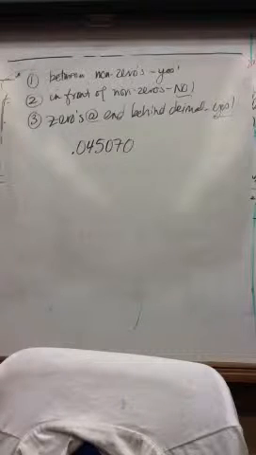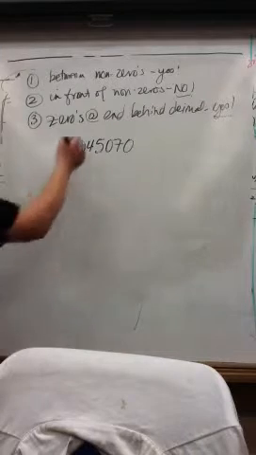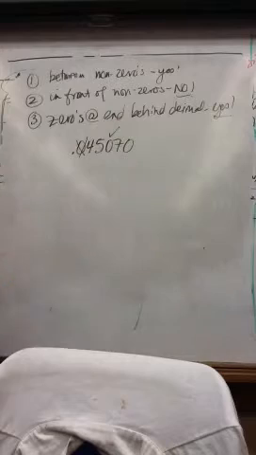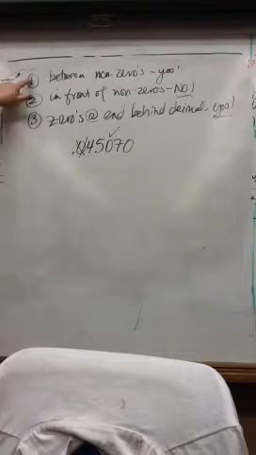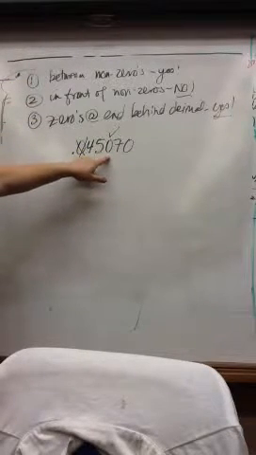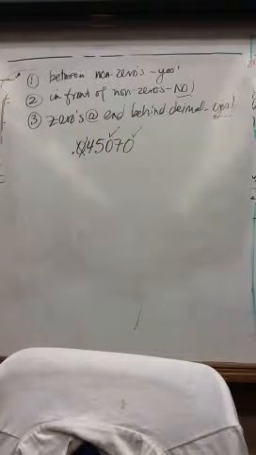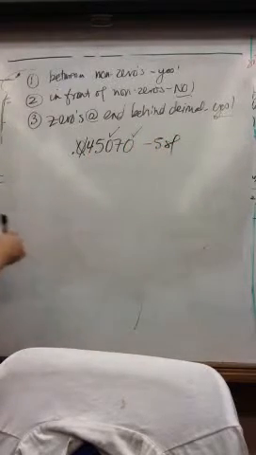How many significant figures do we have there? 5. This one is not significant, it's a placeholder. This one is significant based on which rule? It's between two non-zeros, so it's significant. This one is significant based on which rule? Rule 3. It's at the end behind the decimal. It is significant. Okay, so that has 5 sig figs.